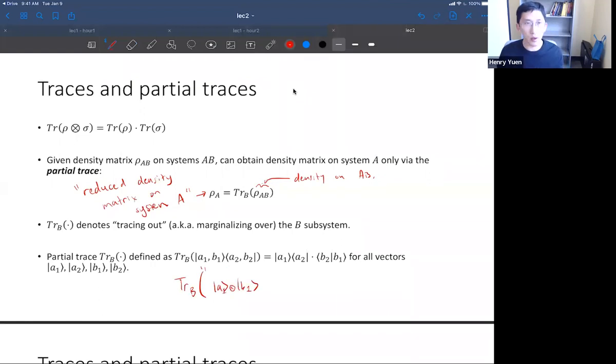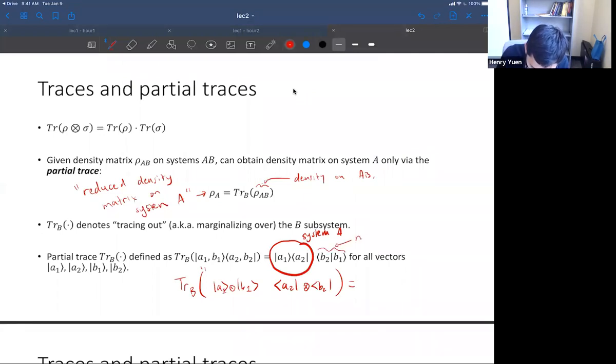A1 tensor B1 is a column vector for the system AB, and then you have the row vector bra A2 tensor bra B2. This is just going to be equal to what's written above. Here you just have a matrix, this outer product for system A, and then the B's get turned from vectors into numbers. So this is a number here. What you're left with is just a matrix on system A.